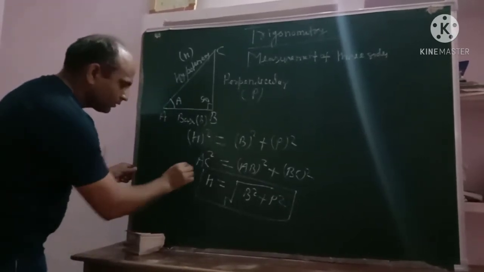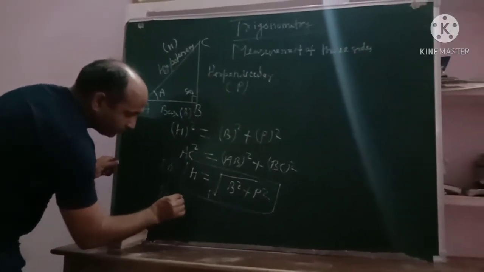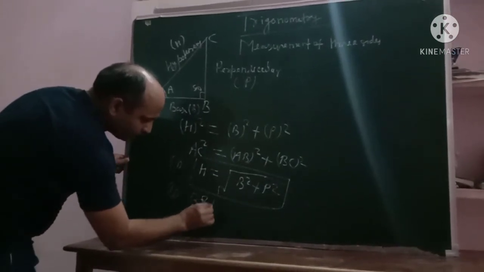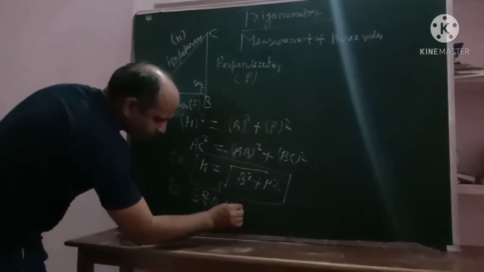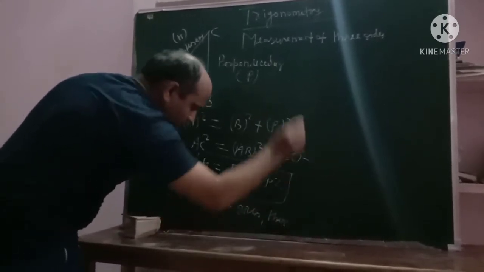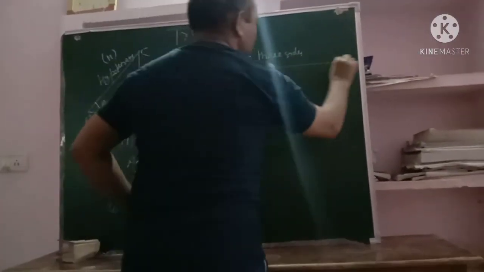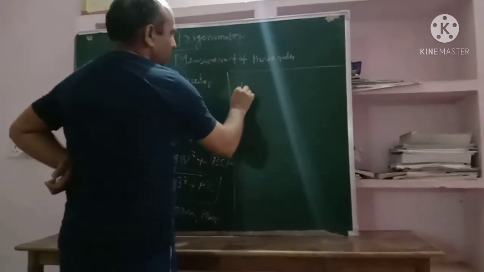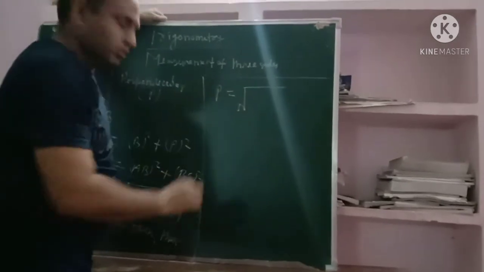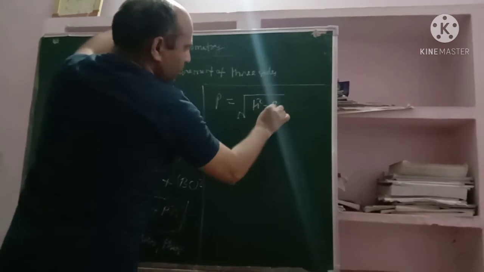Similarly, if we know the base and the hypotenuse is given, then we can find the perpendicular. The perpendicular length is equal to the square root of H square minus B square.